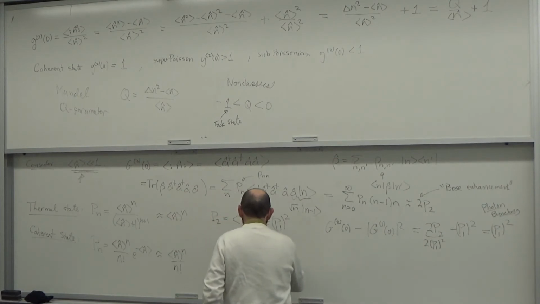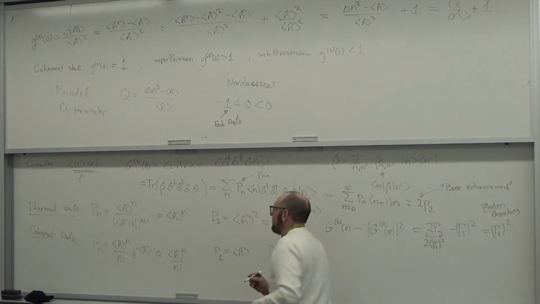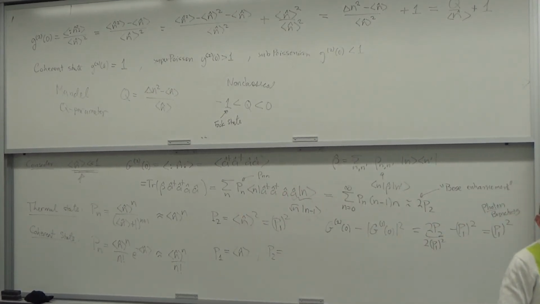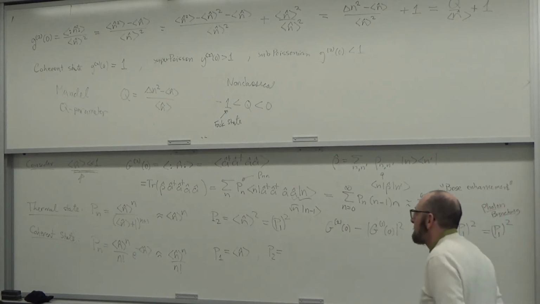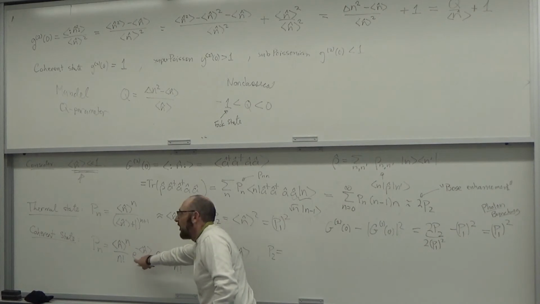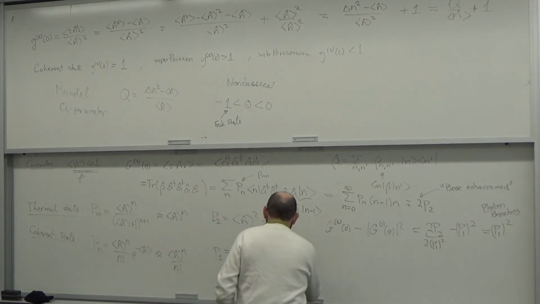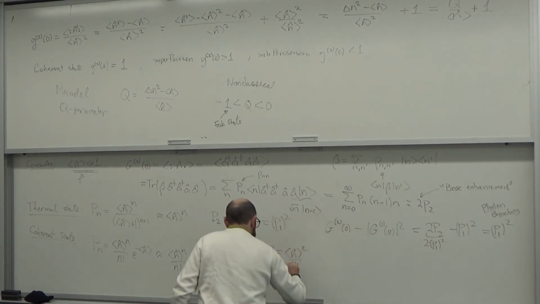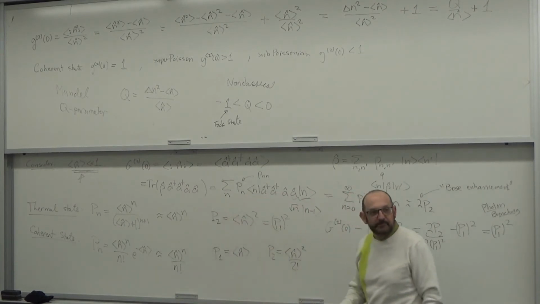And the probability of finding 2 photons in the mode is what? Average n squared, right? Because I said this is small, I can neglect that. So this is average n squared over 2 factorial, which is 2.